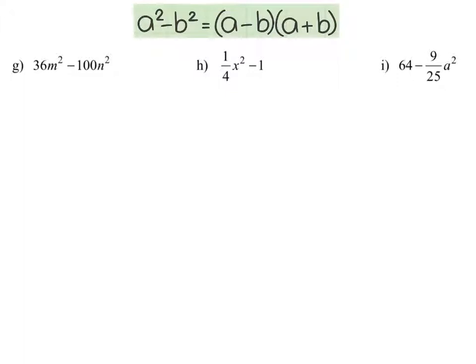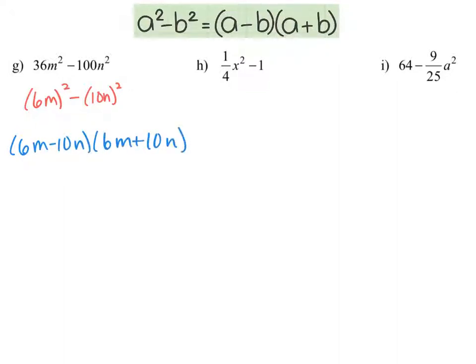Example G, we have 36m squared minus 100n squared. This can be factored as well. We recognize that this is a difference of two perfect squares. 36m squared can be written as 6m to the second power, and 100n squared can be written as 10n quantity to the second power. So our factors will be 6m minus 10n and 6m plus 10n.